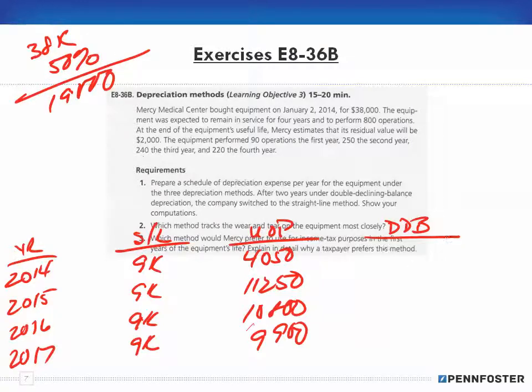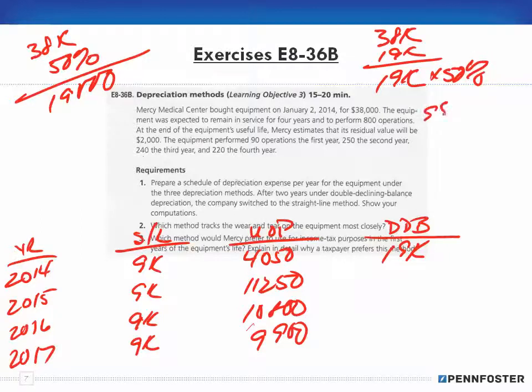So I have 19,000 for my first year. In year number 2, I have 38,000 less 19,000, which gives me 19,000 as my book value, and I'm taking 50% of that, which is 9,500. So that's in my second year.